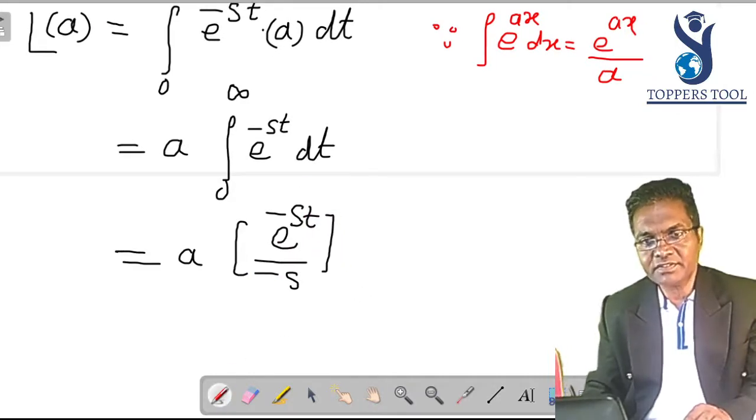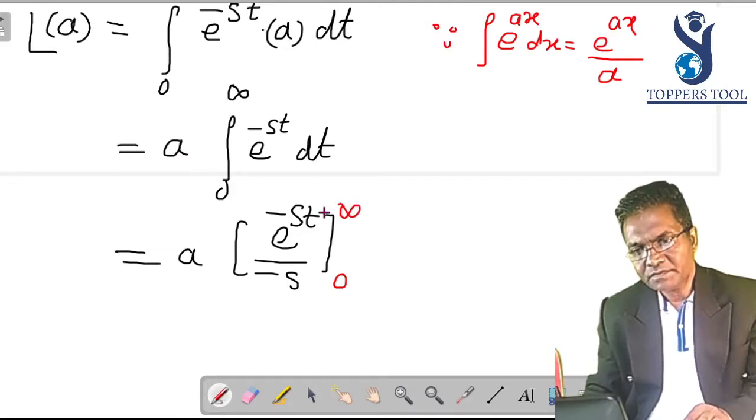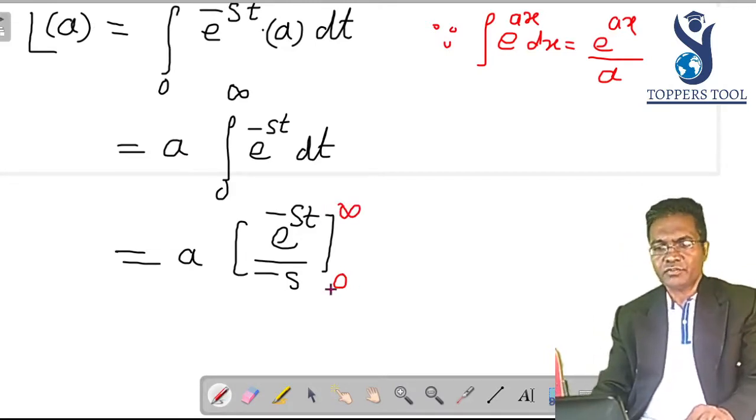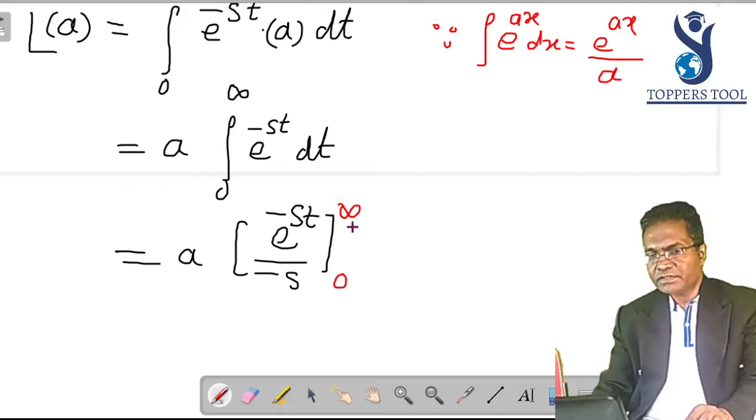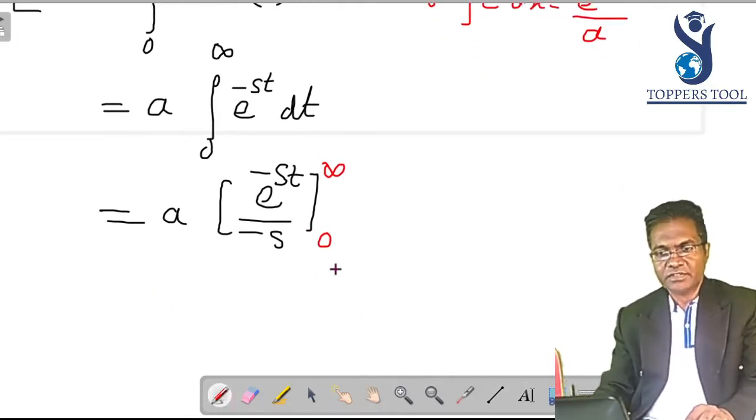And the limits 0 to infinity. Okay, so wherever t, you have to put infinity and 0. So you have to put t is equal to 0 and infinity. As you know, first you have to substitute upper limit.